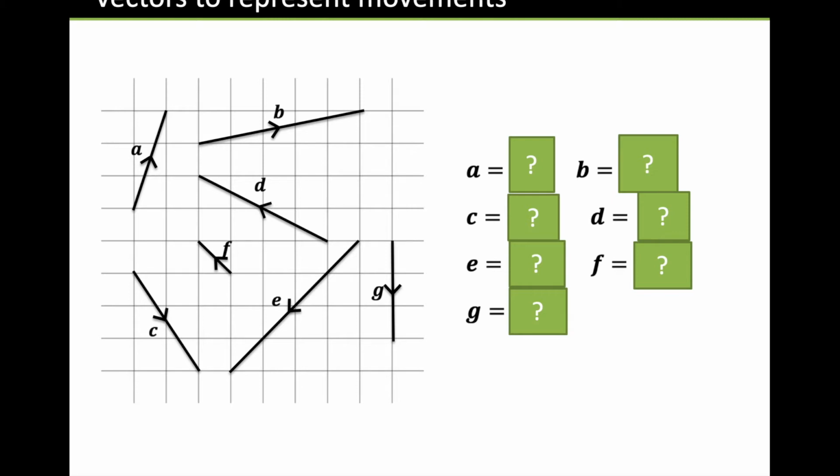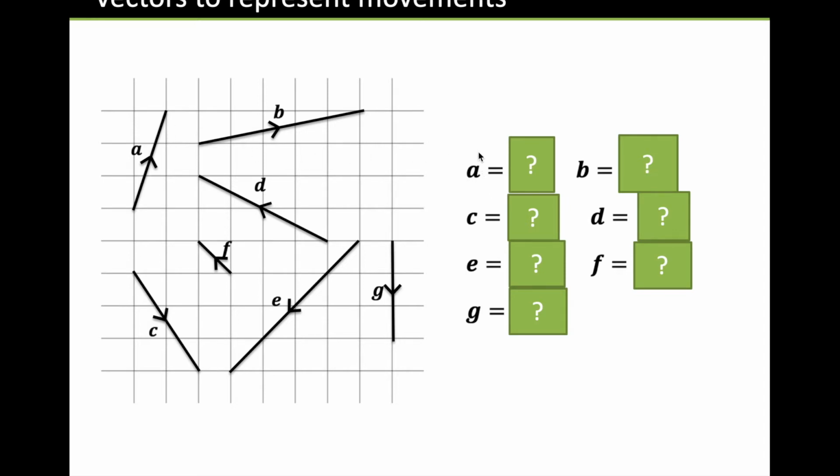I will do just some of this exercise. Let's start off with A. Take a look at vector A. Vector A consists of one unit to the right and 3 units up.